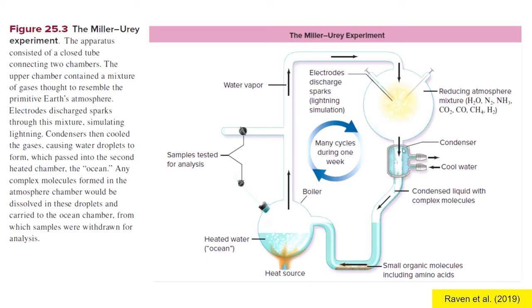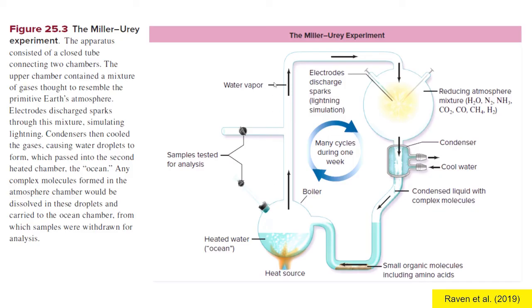This allows the condensed liquid, now mixed with complex molecules, to go down and settle. They are dissolved in the droplets and carried into the ocean chamber, where samples were withdrawn for analysis.